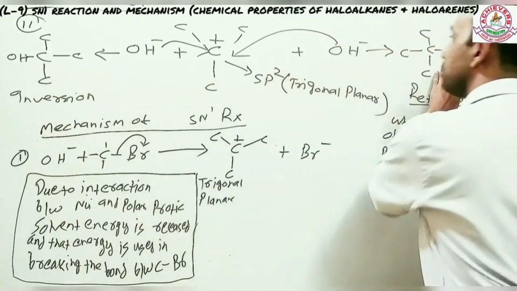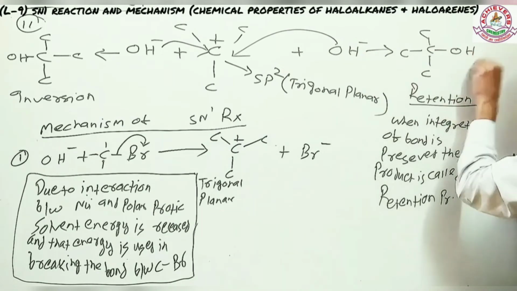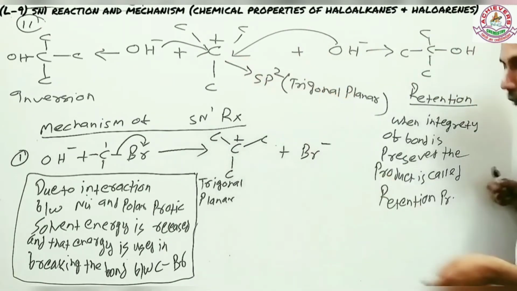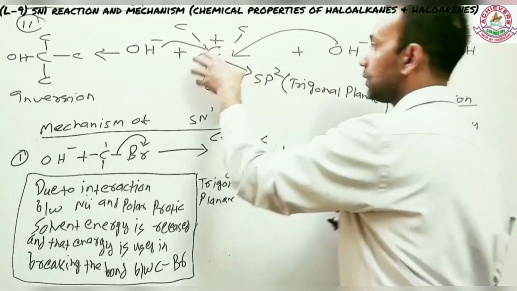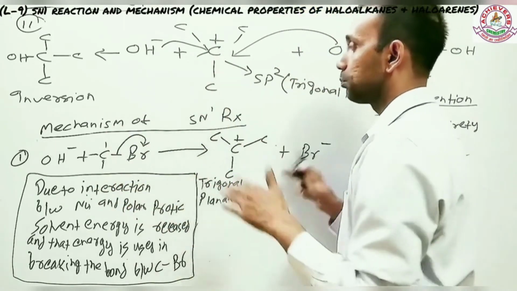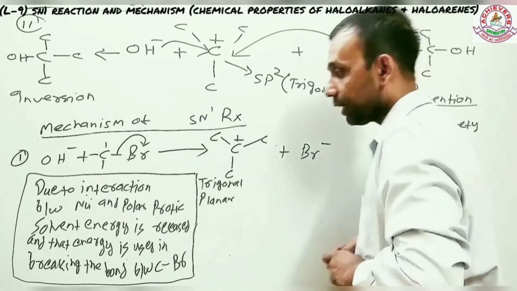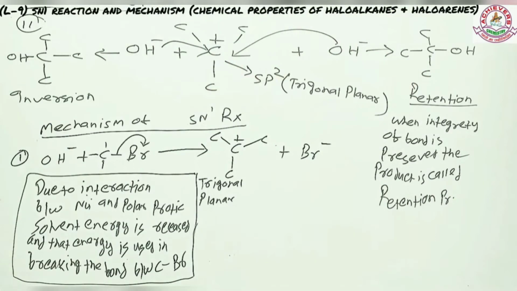This will also be called tert-butyl alcohol, but the only difference between these two products is that OH here is on the right side, but OH there is on the left side. Why did it happen? Because tertiary carbocations are symmetrical, and therefore the attack can take place from either side. That is the reason. Now let me write the reasoning here again.